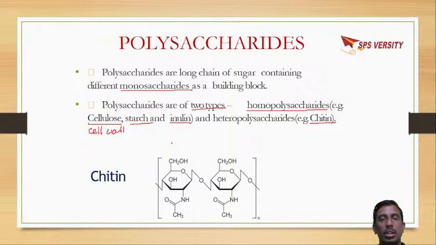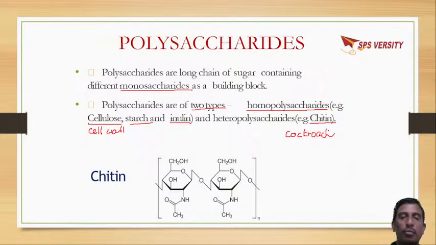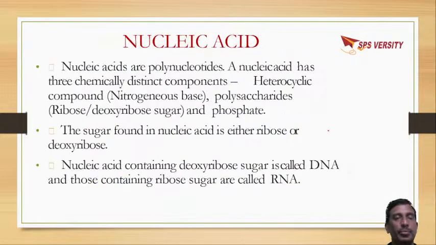Dahlia, in which inulin is stored. Heteropolysaccharides like chitin, which forms the exoskeleton of cockroaches.